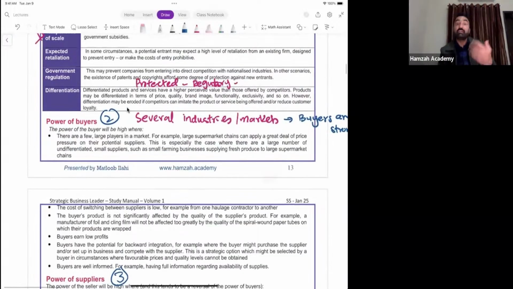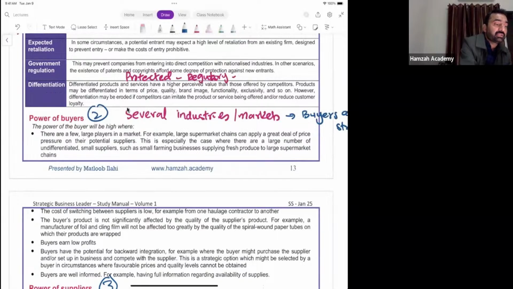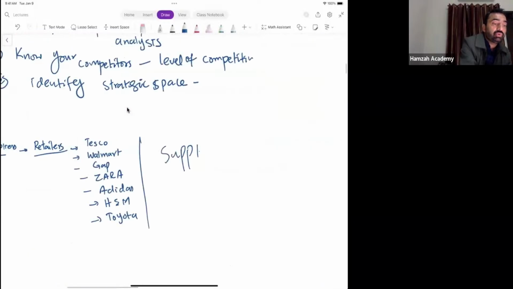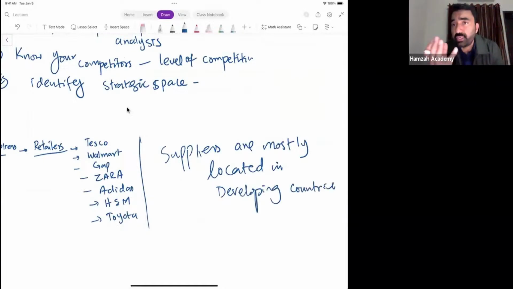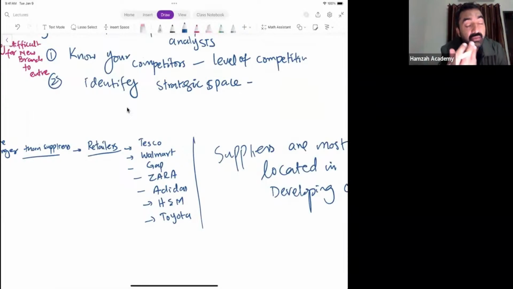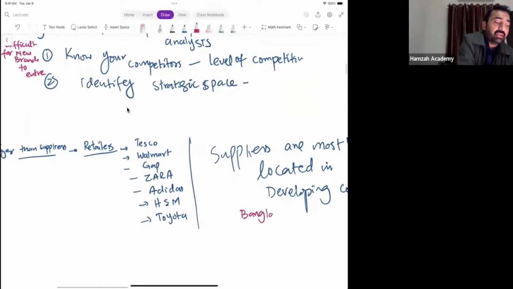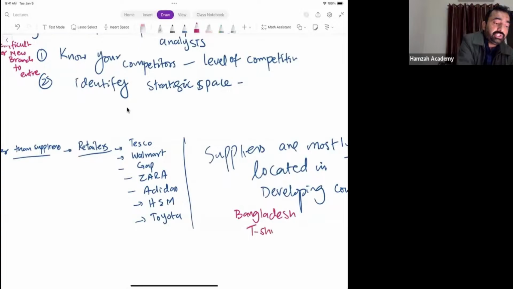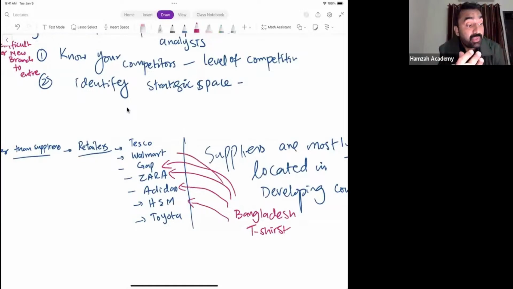Their suppliers are mostly located in developing countries. For example, a small garments manufacturer in Bangladesh is making t-shirts and supplying them to H&M, Adidas, Zara, Gap, Walmart.